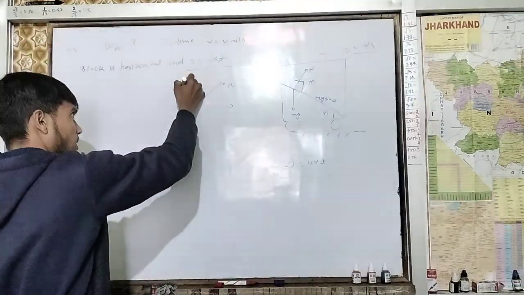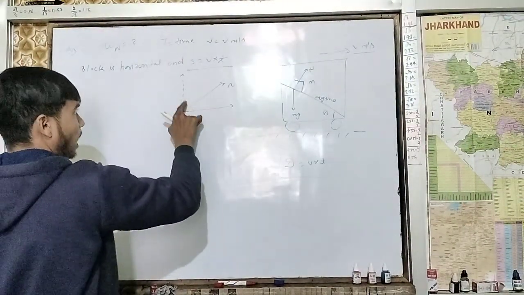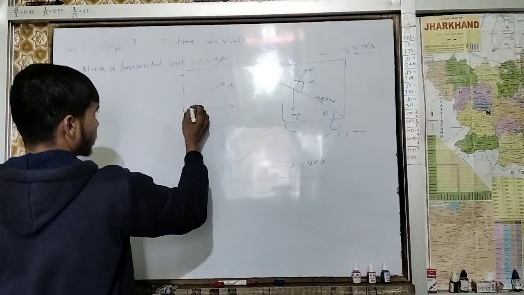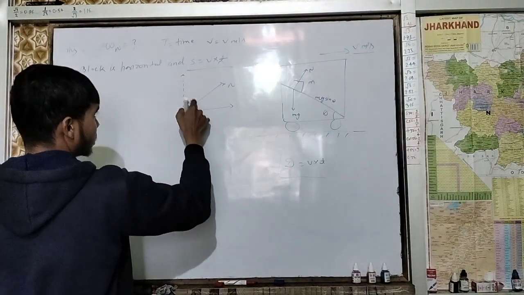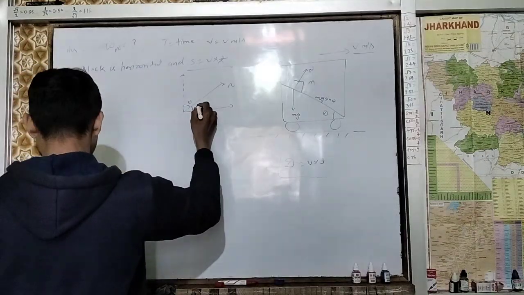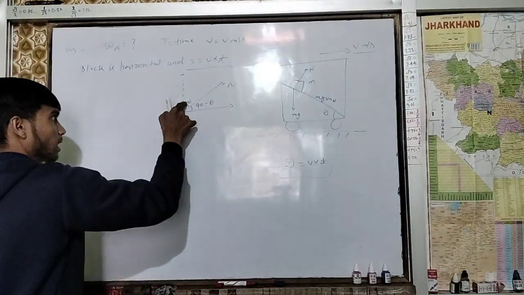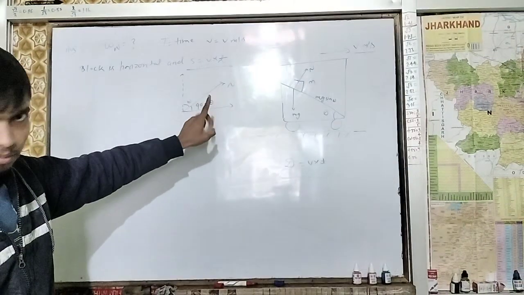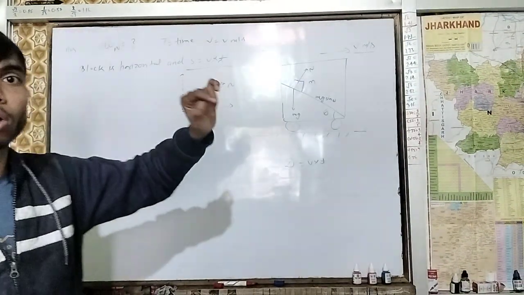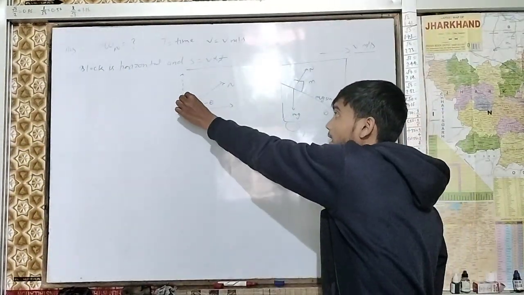If you take this straight vertical, this will be our 90. So 90 minus this theta. If you take this theta, then the whole is 90. These two lines make an angle of 90.